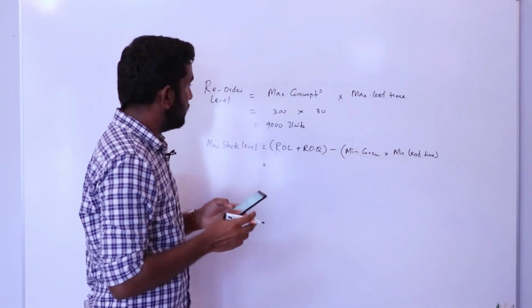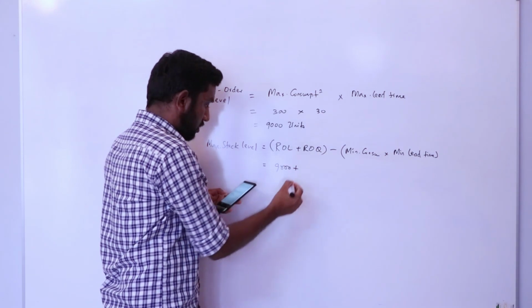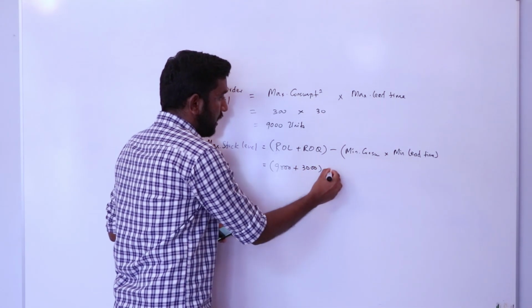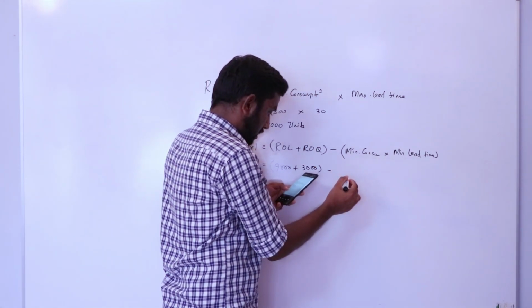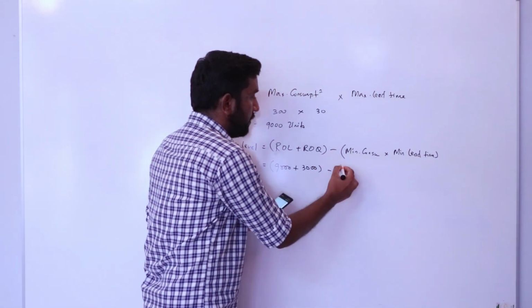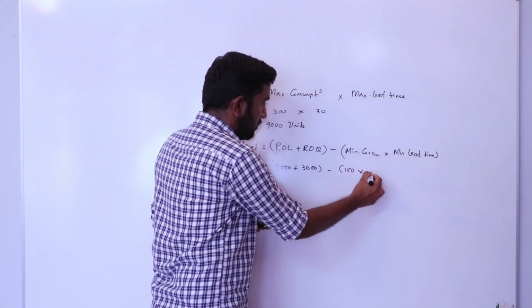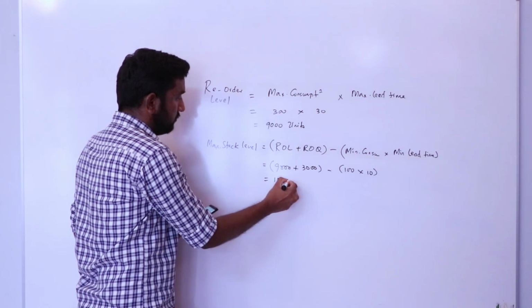So reorder level is what we found, 9000, and reorder quantity is given 3000, and minimum consumption. So minimum consumption also given as what? Maximum is given 300, average is given 200, therefore minimum is how much? 100, into days is what? Minimum days is 10. So 1000, 11,000.